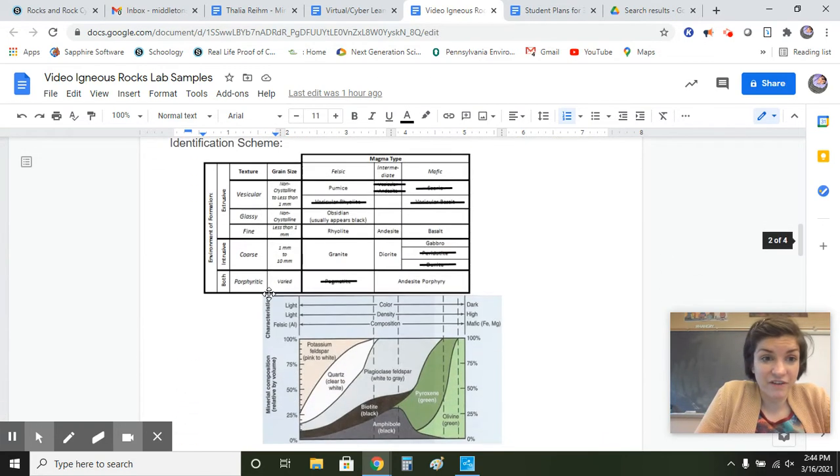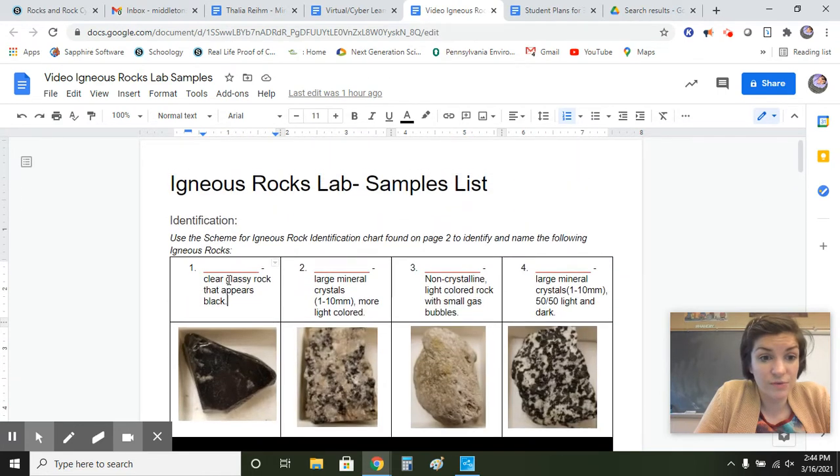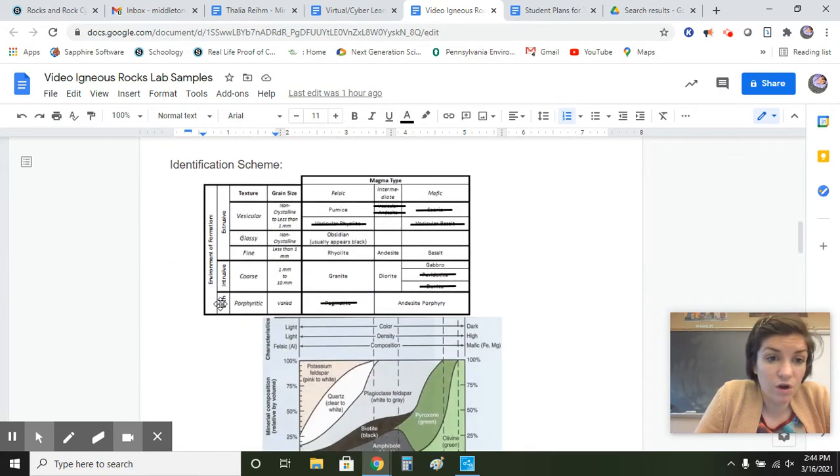This is one of my favorite charts just because it gives you so much information about each rock. So this first one is a clear glassy rock that appears black. The first place you should always start is over here at the textures.